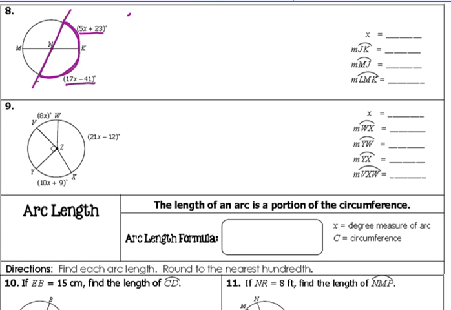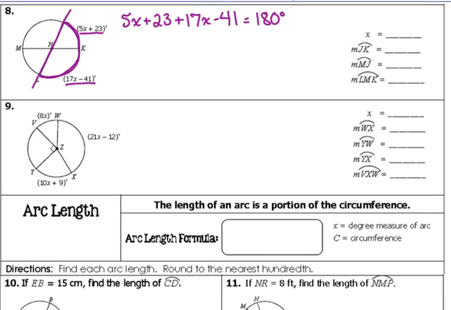So half of it, so the two put together, 5x plus 23 plus 17x minus 41 is 180 degrees. I'm going to let you finish it from there.